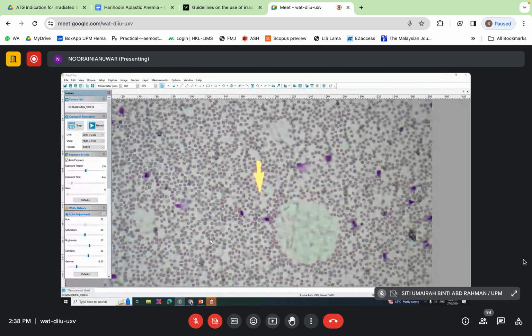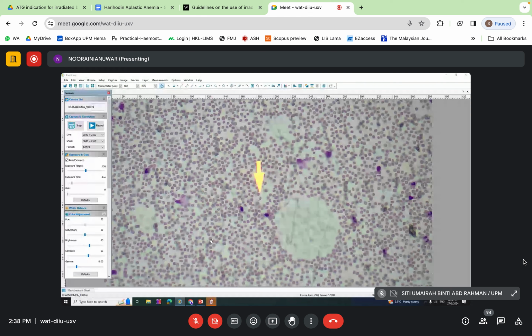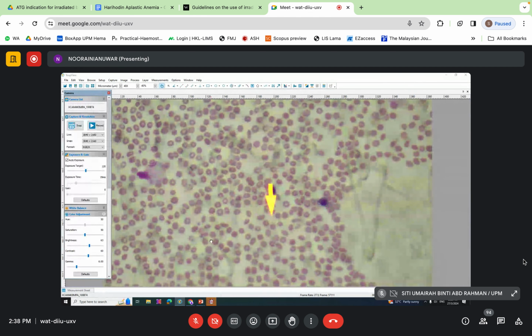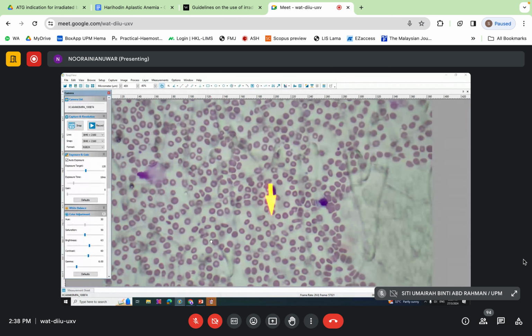Many smear cells. This is another mature-looking lymphocyte with clumped chromatin pattern, inconspicuous nucleoli, and a pale, moderate amount of cytoplasm.